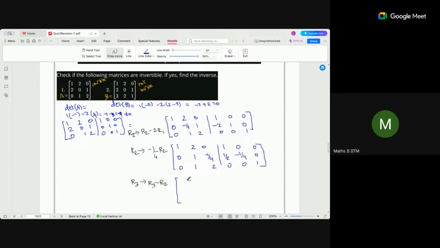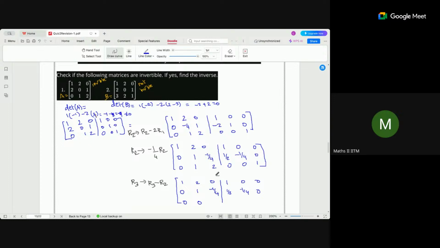So R3 replaced with R3 minus R2. So you will have 1, 2, 0, and then you will have 1, 0, 0 here, and then 0, 1, -1/4, and here you have 1/2, -1/4, 0, and here 0, 0. What is 2 minus 1/2 plus 1/4 actually, right?